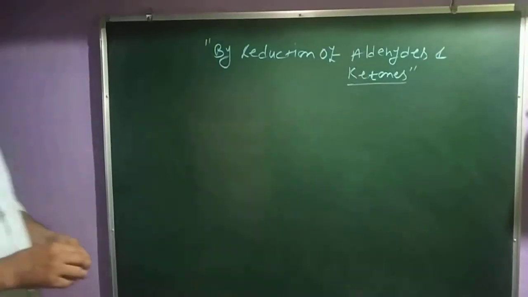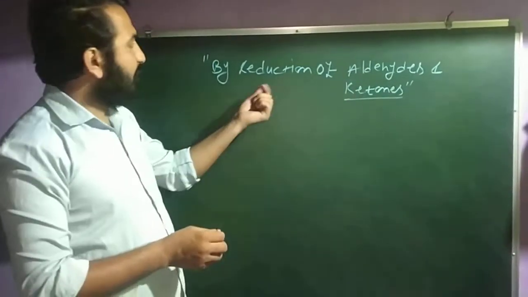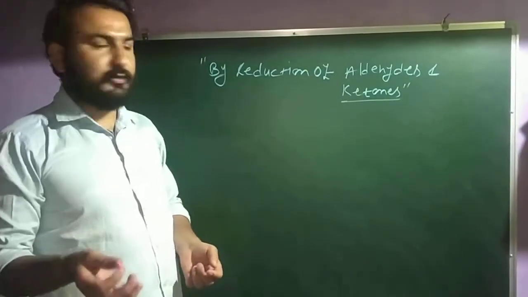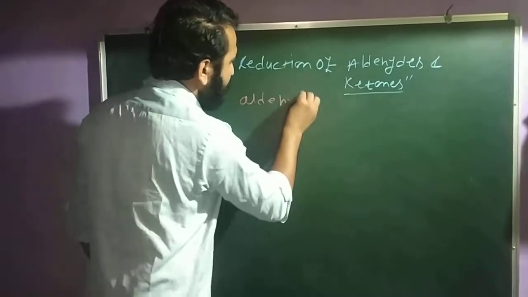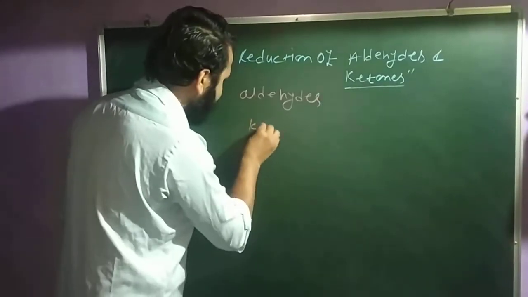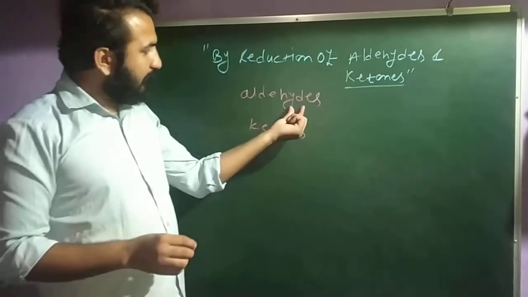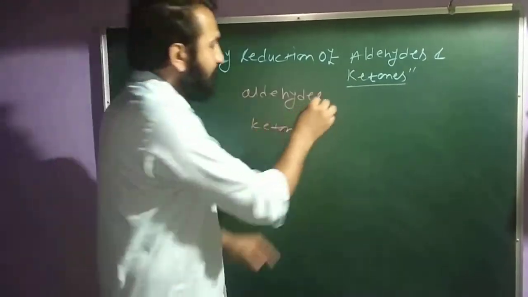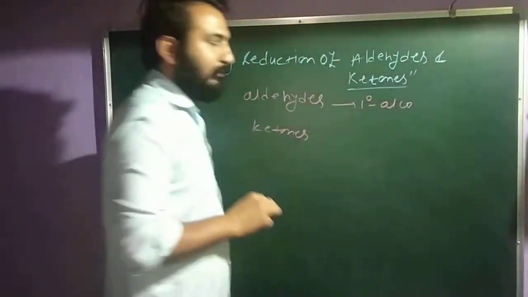Then the next method of preparation of alcohol is by the reduction of aldehydes and ketones. You have one, the aldehyde, and second, the ketones. The reduction of aldehydes gives primary alcohol. Clear?